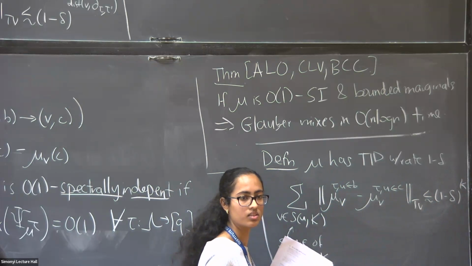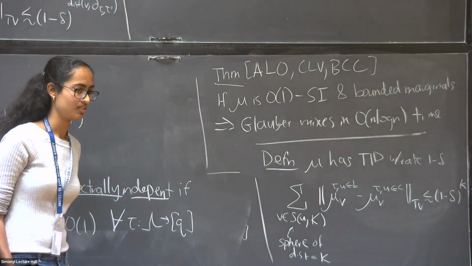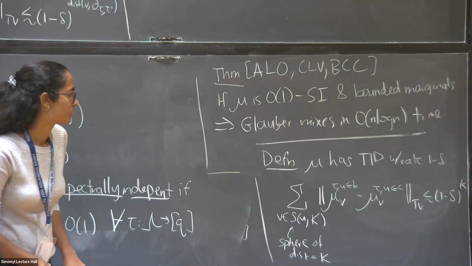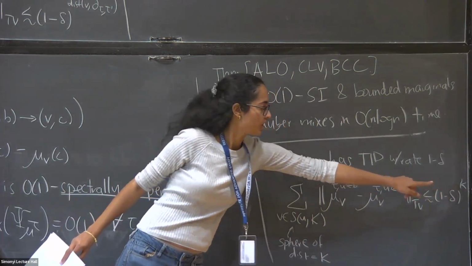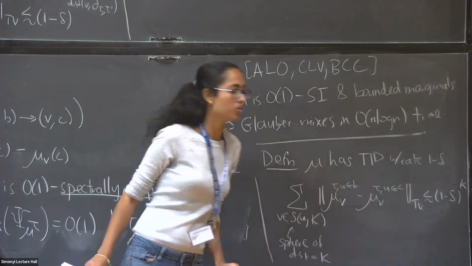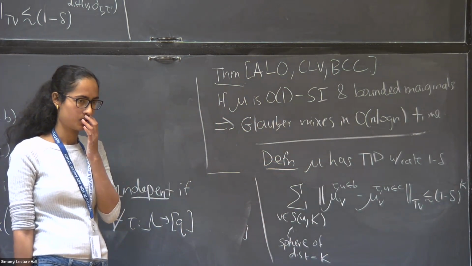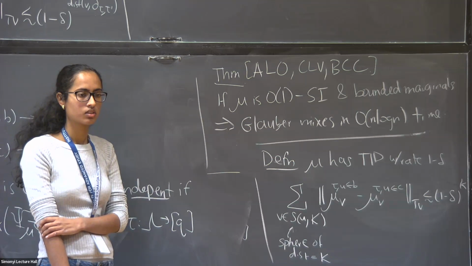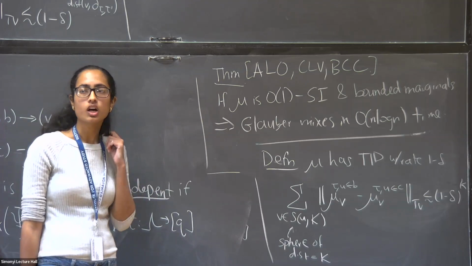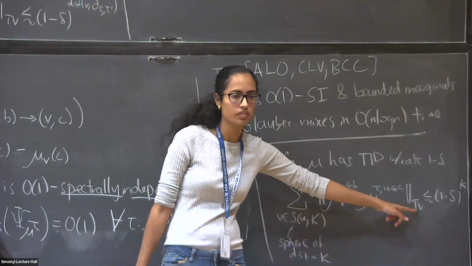It seems like it would be enough to have distance 1, because you want to continue, right? Yeah, I think it's not obvious that this is even enough, because what this says is we're bounding the total variation distance.